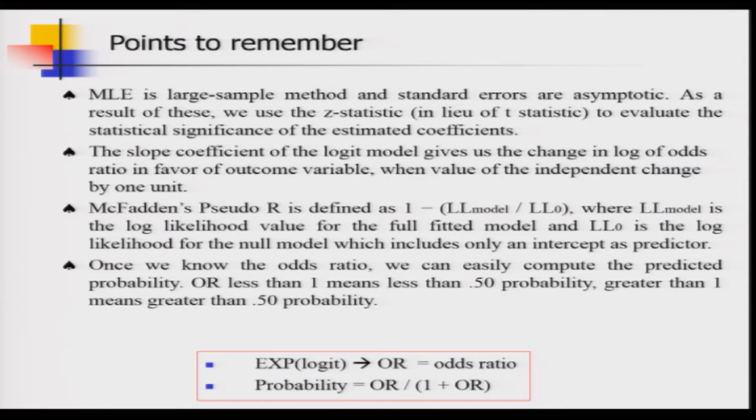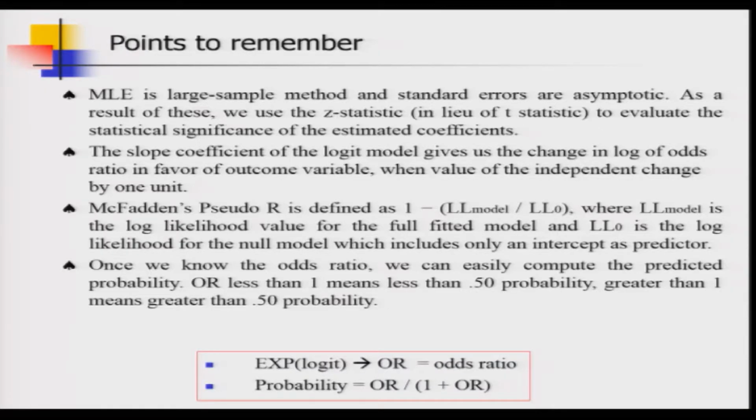And what are these two log likelihood numbers? LL model is the log likelihood value for the fully fitted model, and LL0 is the log likelihood for the model under null hypothesis. So, that means that no explanatory variables are affecting or determining y. So, it is basically an intercept only model.